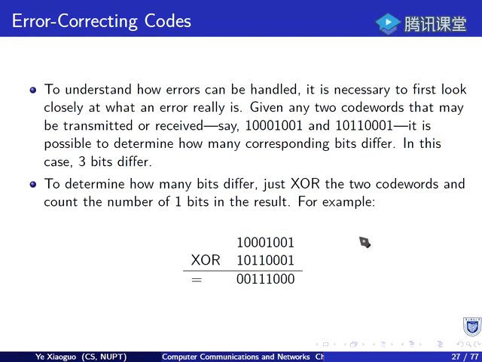To understand how errors can be handled, it is necessary to first look closely at what an error really is. Given any 2 code words that may be transmitted or received, say these 2 words, it is possible to determine how many corresponding bits differ.